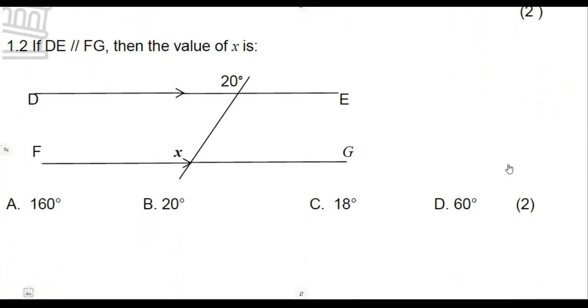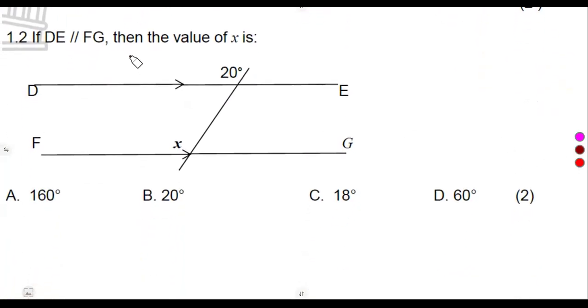More questions. 1.2, if DE is parallel to FG, according to what we are given, then the value of X is what? If these two lines are parallel, then what is going to be X? All right, remember from the parallel lines, the 20 degrees and the X, they have a relationship where we form an F. Corresponding angles.